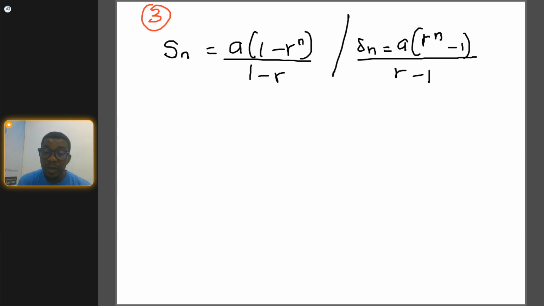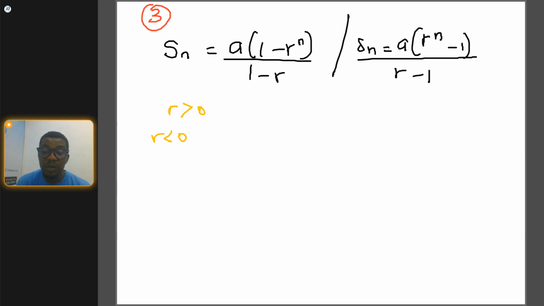So these are the two formulas we'll be using, but they have conditions and some things we need to consider. When your ratio is greater than 0 and when your ratio is less than 0 makes the formulas different.